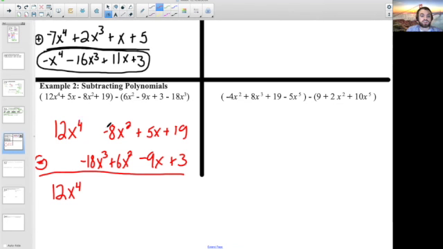No x cubed minus negative 18, that becomes a positive 18. Negative 8x squared minus positive 6x squared, that becomes negative 14x squared. 5x minus negative 9x, 14x. And then negative 19, rather, minus positive 3, giving us negative 22.